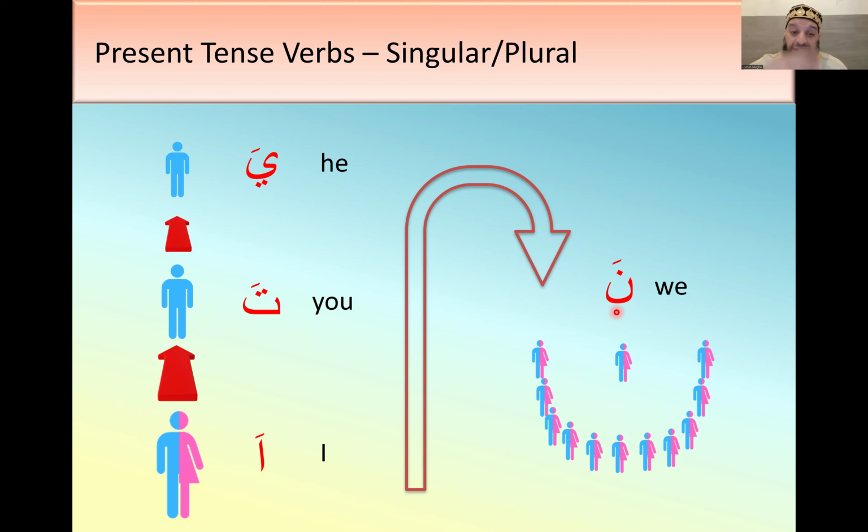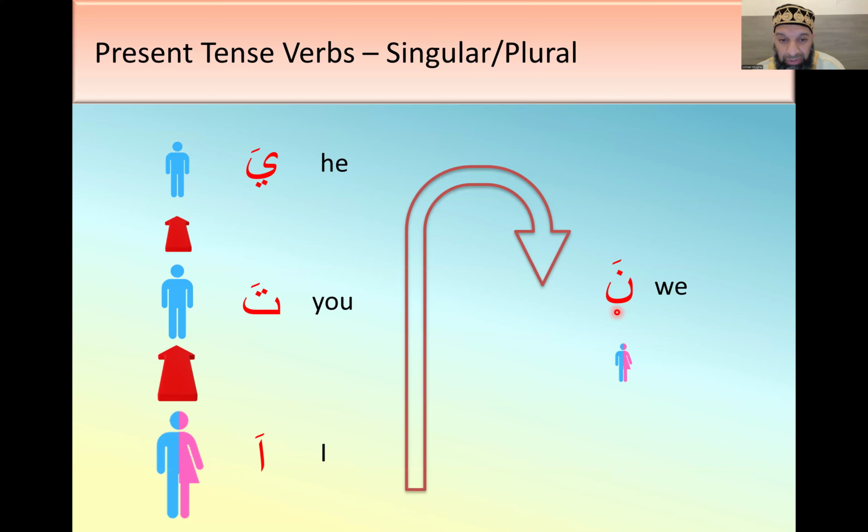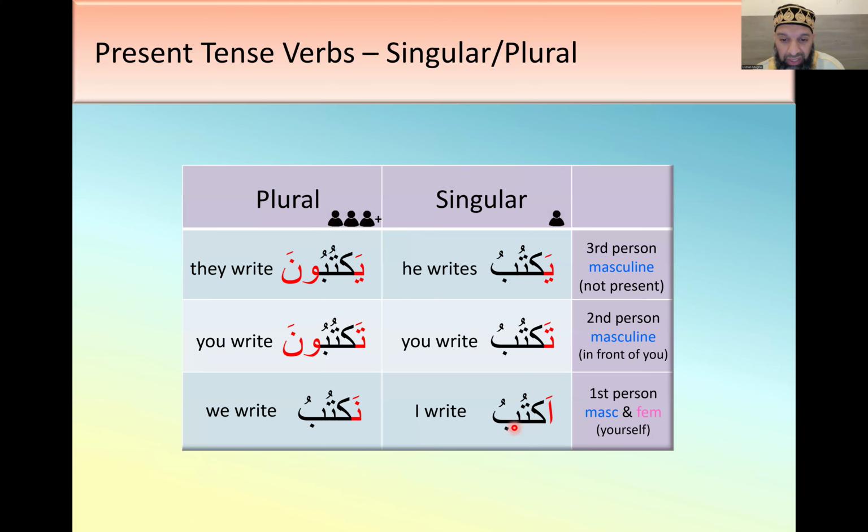And now you can go look back at your table again and you see that a is for me. Ta is for you or you all. Ya is for him or them all. And noon is for you and everybody else. Means we. Right? So I hope that sort of helps you learn this. If we go back to the table again, just to show you. Here it is.